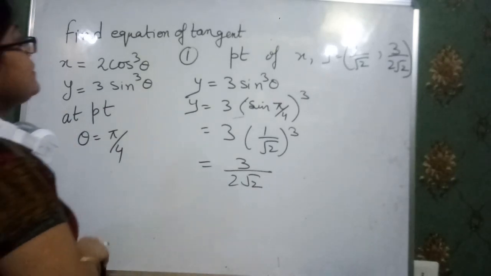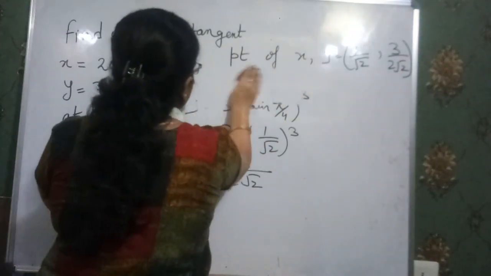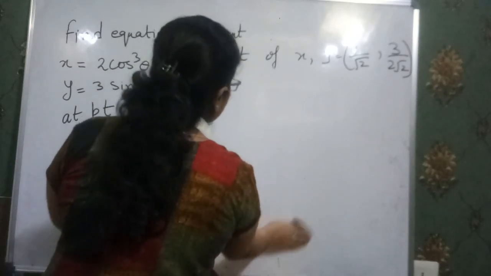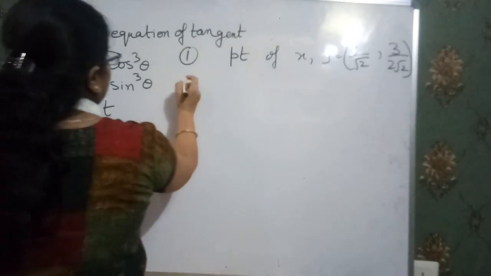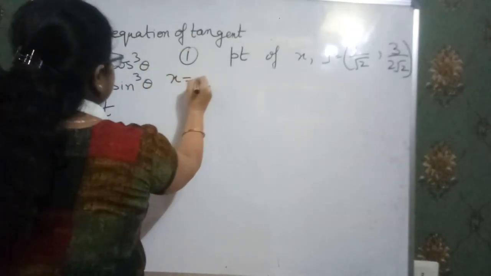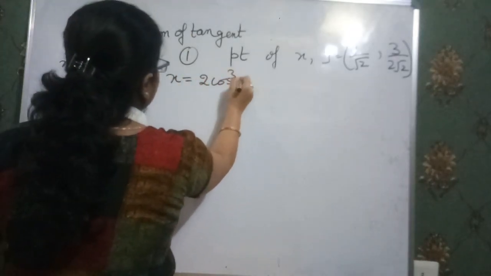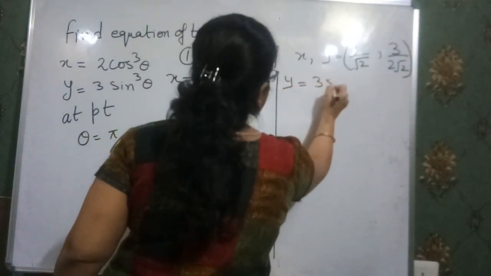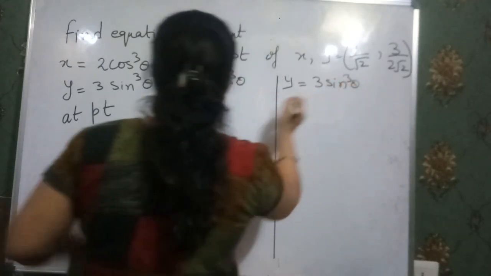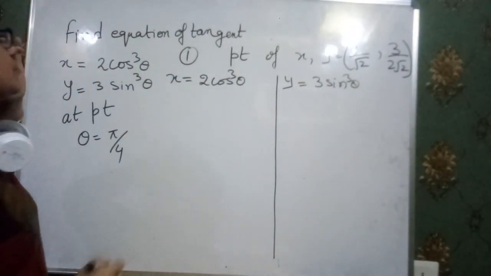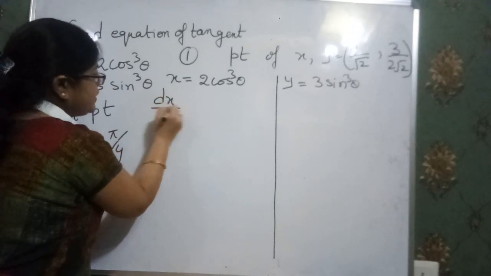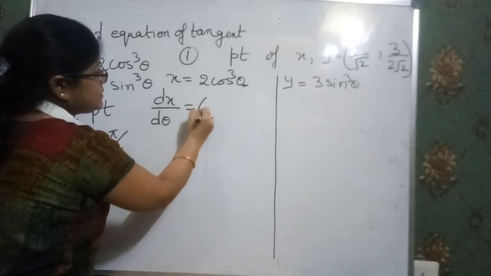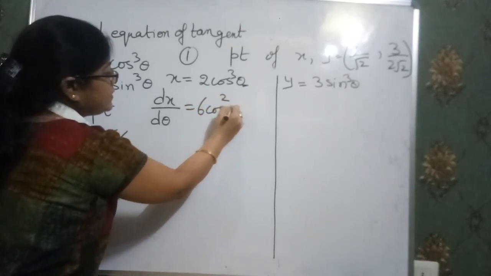Now in the second step, for finding the equation of tangent, we must know the value of dy by dx, that is, the slope. For dy by dx, I simultaneously differentiate both of them. Just watch over here, 3 sin cube theta. Now when we differentiate x is equal to 2 cos cube theta, we get dx over d theta, because it is theta over here, then it is 2 times 3 is 6 cos square theta.